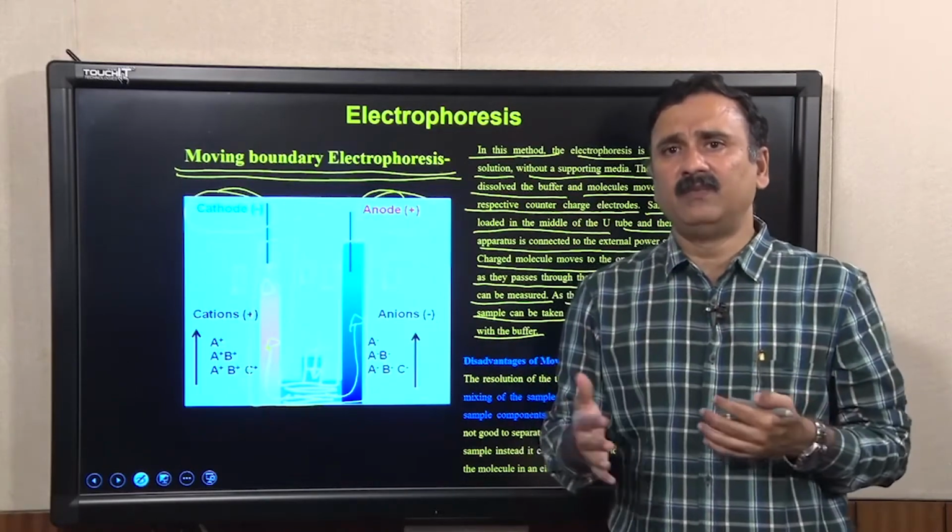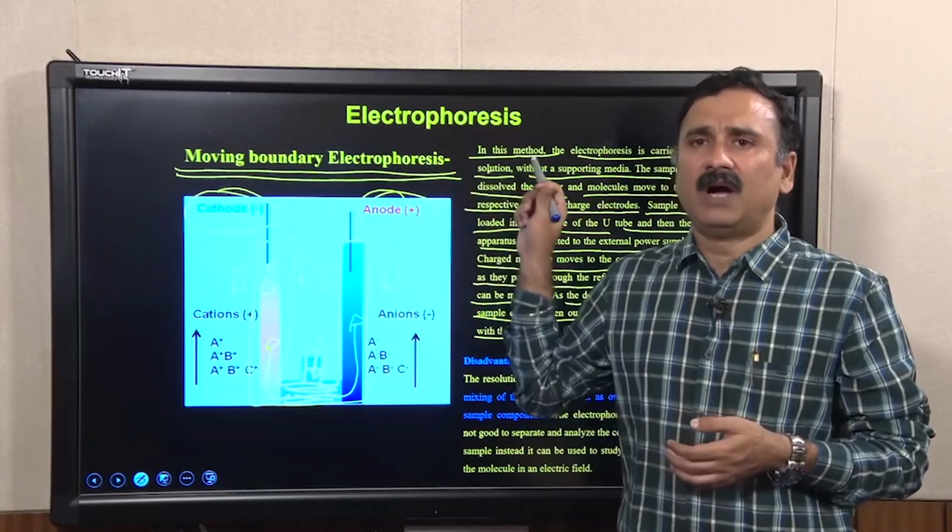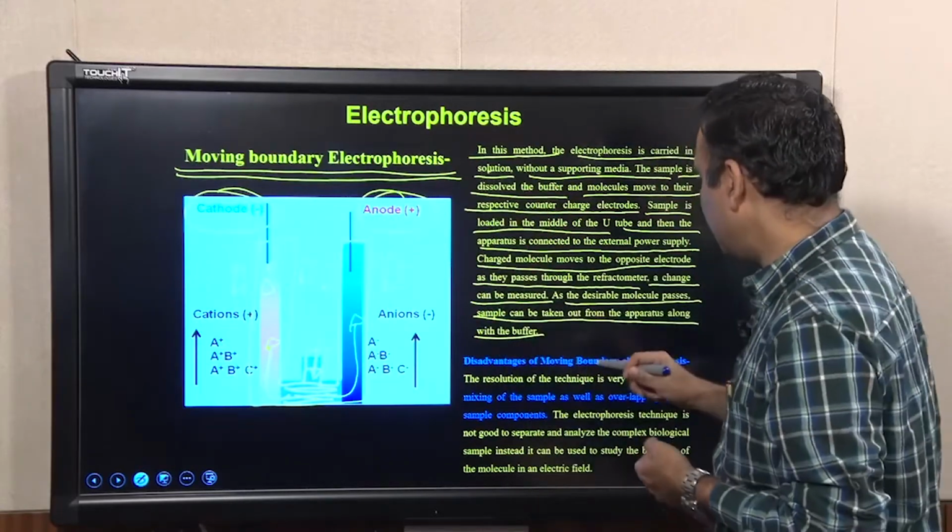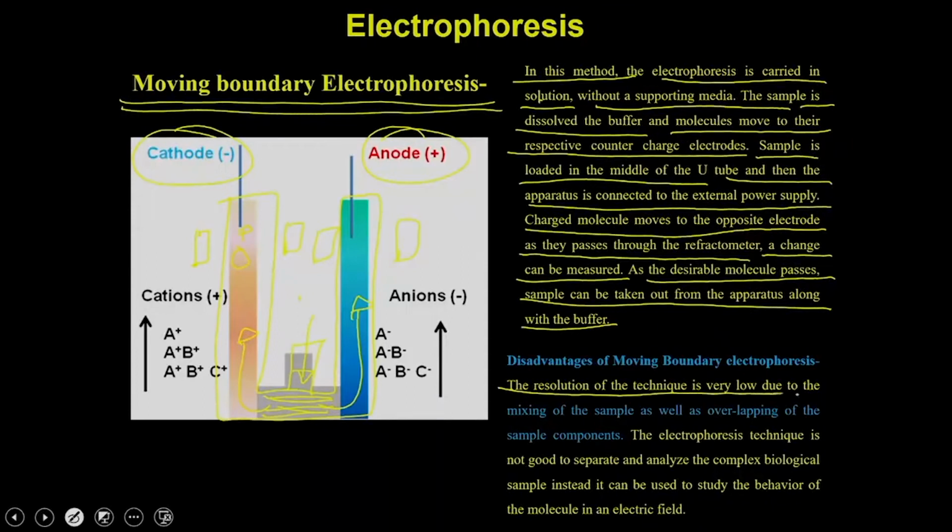On the other hand, there were multiple problems with moving boundary electrophoresis. What are these problems? The resolution of the technique is very low due to the mixing of the sample as well as the overlapping of the sample components. For example, if you load the sample in the middle, all of this is happening in a buffer which does not have any supporting media.